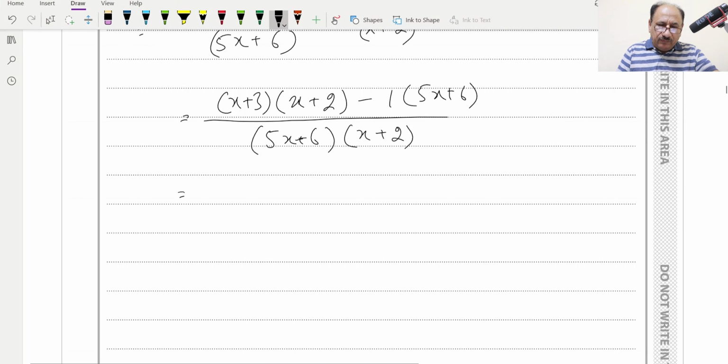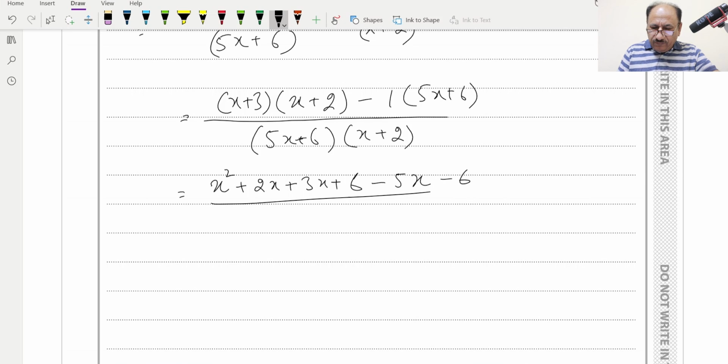Opening the brackets means we have to multiply these two terms. So x into x will be x squared, plus 2 into x will be 2x, plus 3 into x will be 3x, plus 3 into 2 will be 6, and minus 1 into 5x will be minus 5x, and minus 1 into 6 will be minus 6, divided by 5x plus 6 and x plus 2.